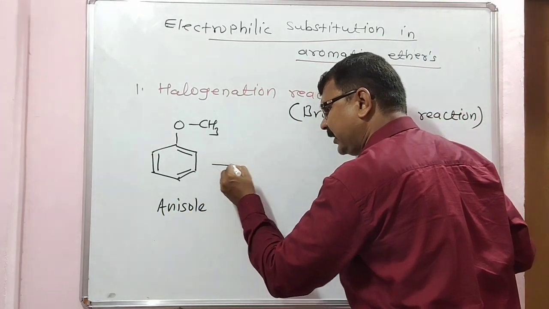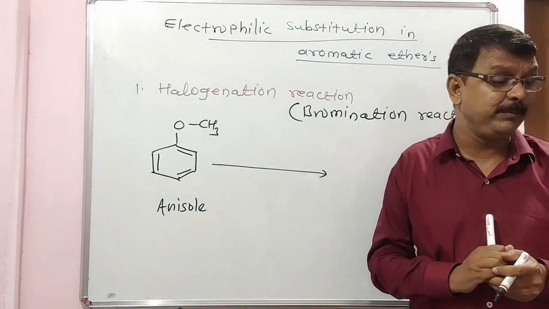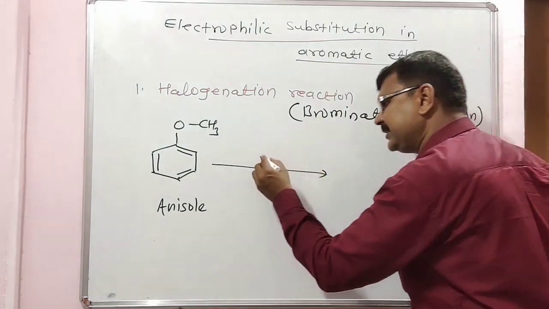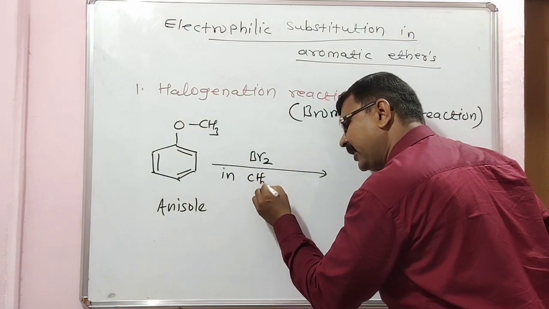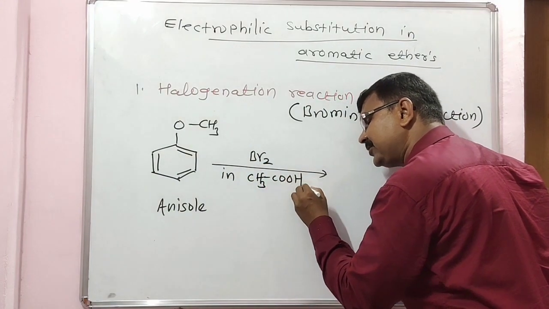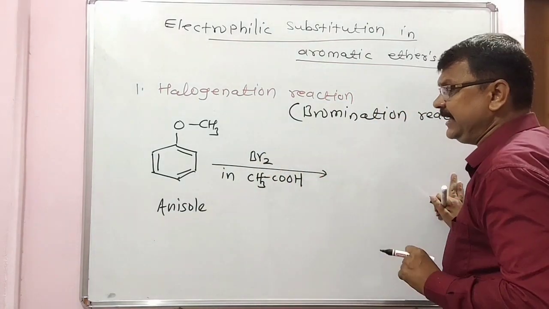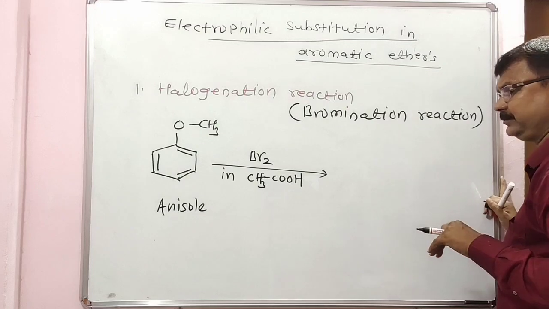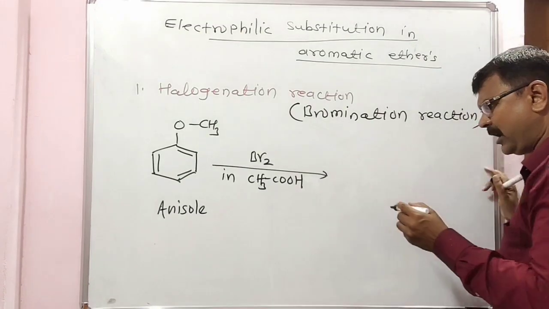Anisole is reacted with bromine in acetic acid, Br2 in CH3COOH. It gives a mixture of products.